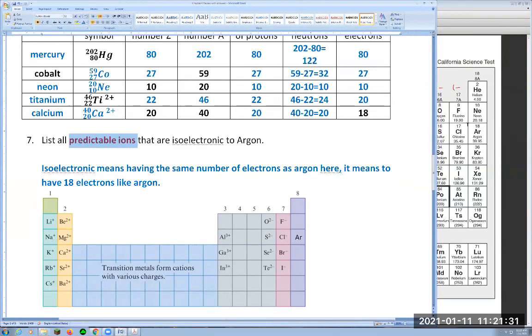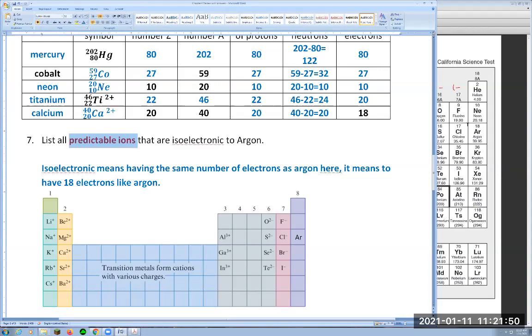And you could also add the 5A with 3 negative charges. So these are what we call predictable ions because you know what kind of ion they become from their position in the periodic table. And they make only one kind of ion. That's the one you see in there.